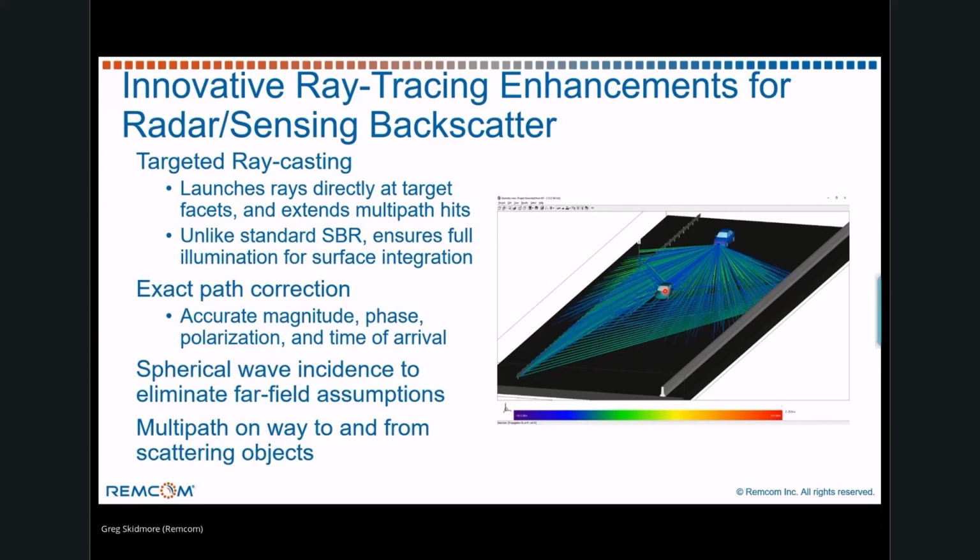It does a surface integration over our target, and to get an accurate estimate of the backscatter, both in terms of magnitude but also phase, we really need to illuminate all of that target. And that is even more true when we start looking at micro-Doppler from small parts. If you're looking at things that are coming off of arms and legs, you need to make sure you're illuminating those arms and legs. So that's a very important part of the technique.